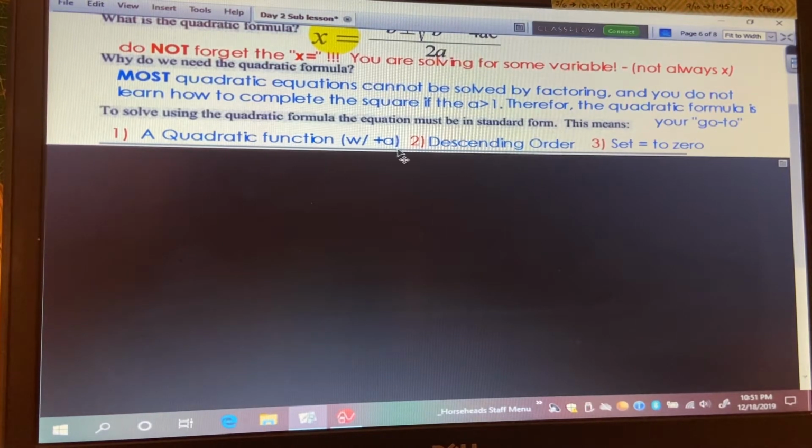But standard form does mean that you have a positive value. So that part I put in parentheses because technically that's what standard form means, but the quadratic formula really doesn't care about that part. But you do have to have a quadratic function. You have to have descending order, so your highest exponent, which should be a squared, to no exponent. And it has to be set equal to 0. All those 3 things.